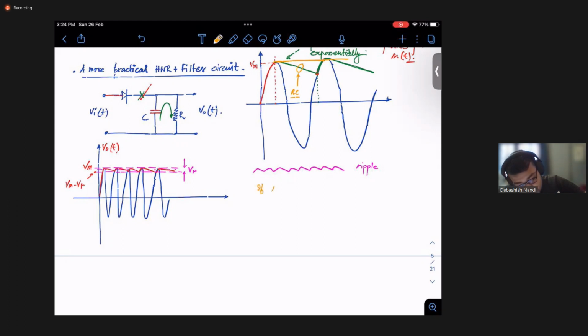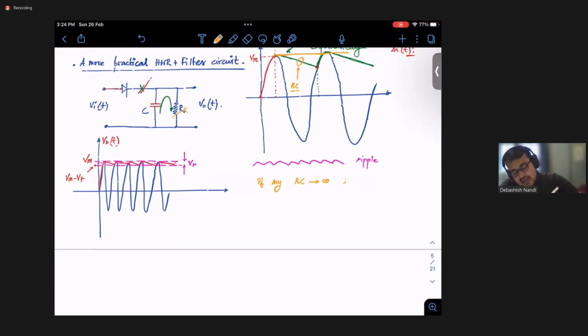If my RC is infinite, that means this R is not present, which is the earlier case for an ideal peak detector circuit. There we have no parallel resistance, meaning R is infinite. So if your time constant is infinite, then what happens? Then this becomes a straight line.